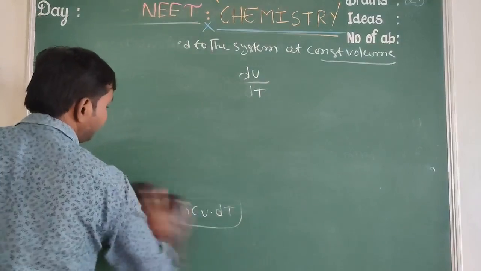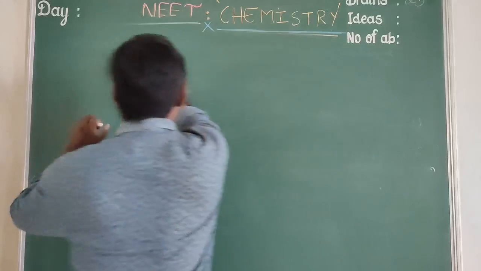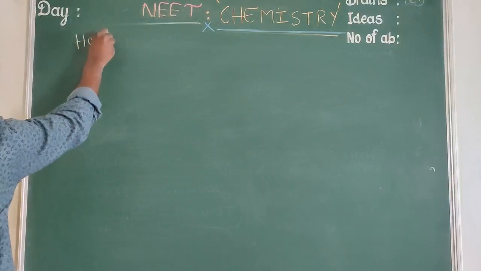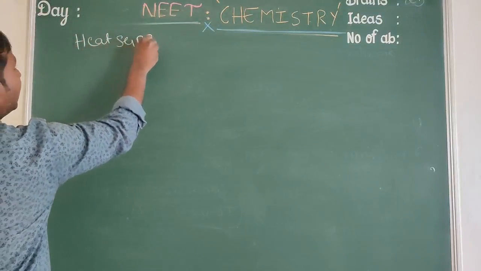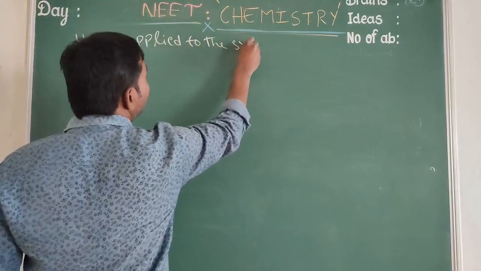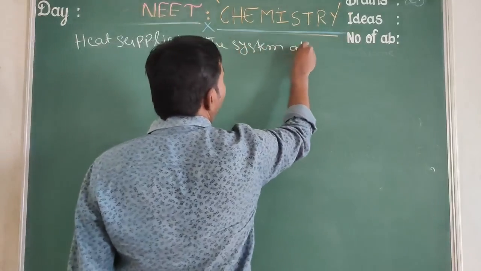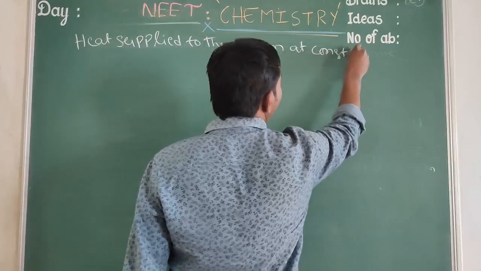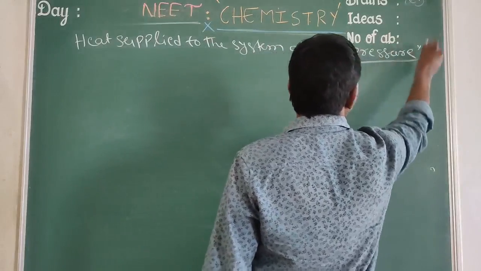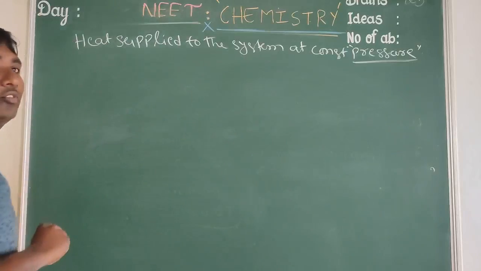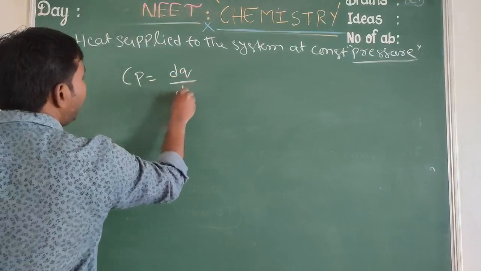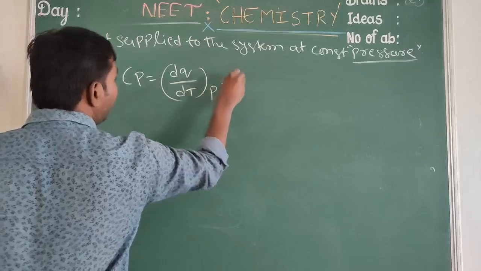Next case, heat supplied to the system at constant pressure. Cp equals dq by dt at constant pressure.